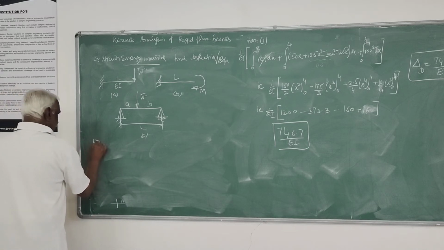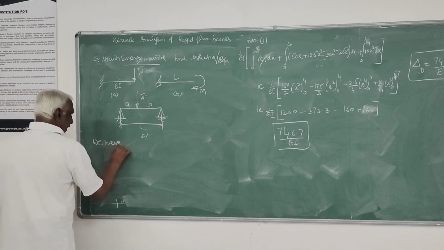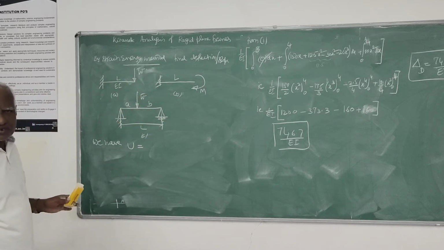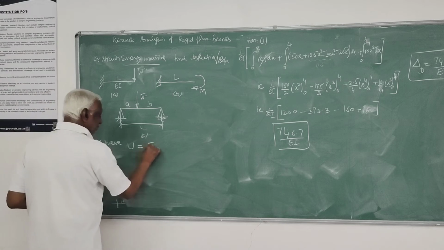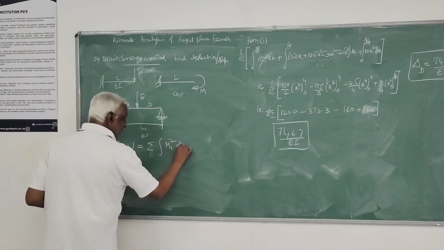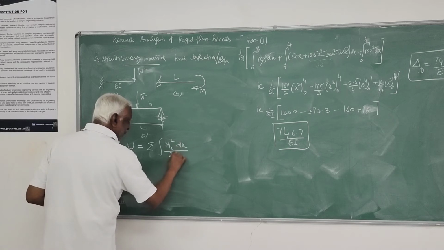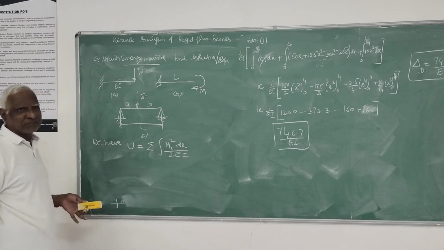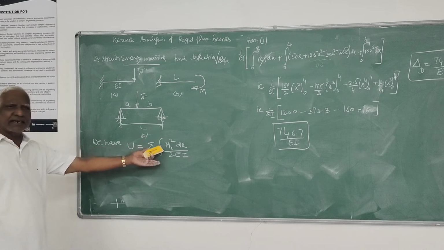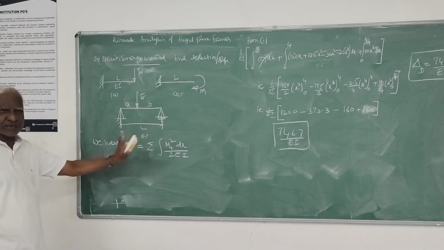So the general expression: U is equal to, because all these are bending members, what is the expression for strain energy? It is the integral of Mx square dx divided by 2EI. In Castigliano's we were differentiating partially with respect to Mx.